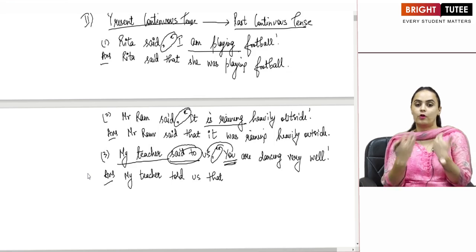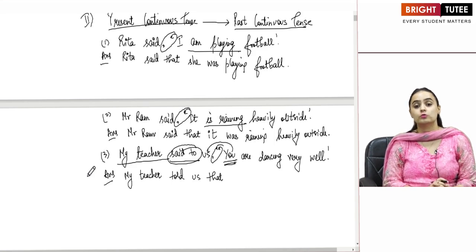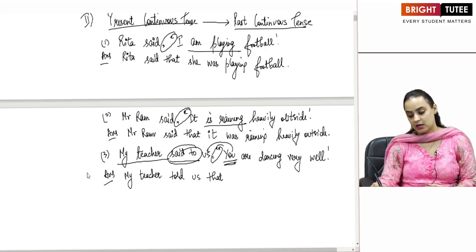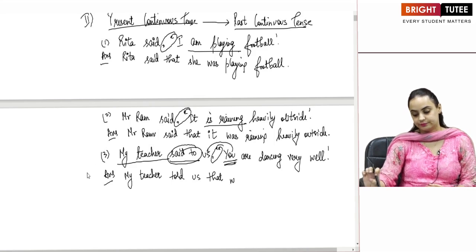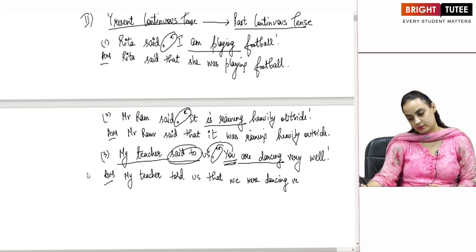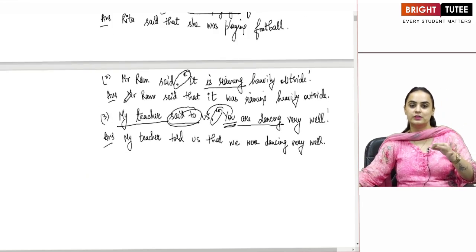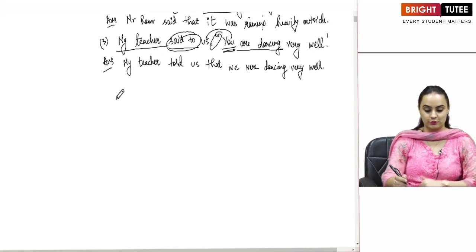This is used for us collectively. So, my teacher told us that we are dancing becomes were dancing very well. Okay? So, present continuous changes to past continuous.